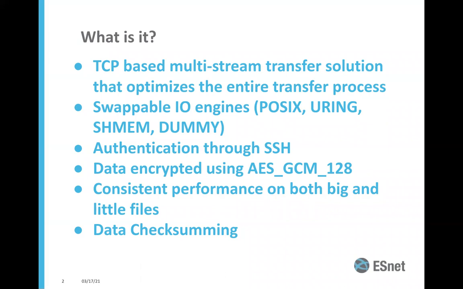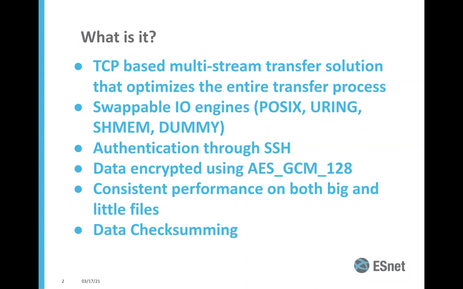In addition to the standard reading from a file, there's also a shared memory engine. The idea of the shared memory engine is, instead of having to transfer a file, this exposes the shared memory layer that DTN implements. And since this is basically a block-based transfer solution, you can access that block interface and write your own IO engine.